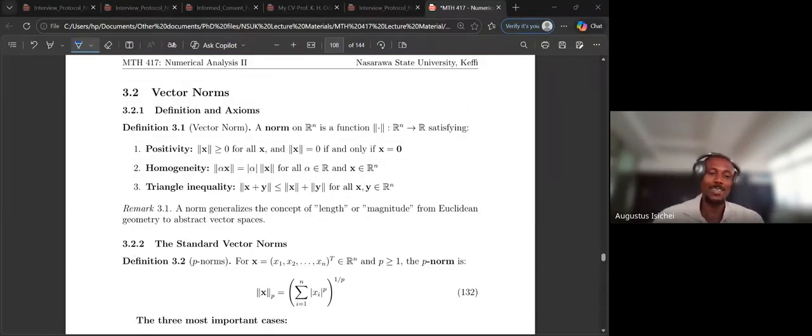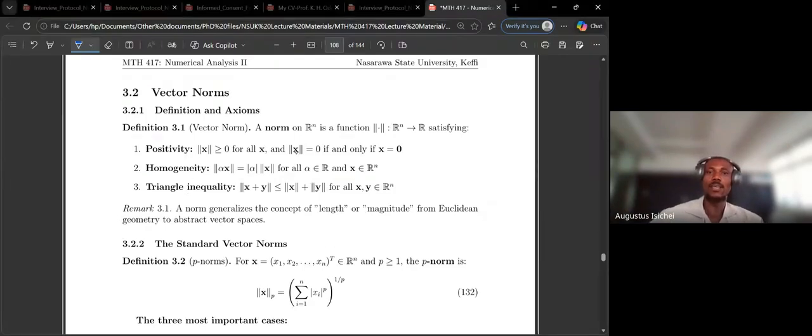I'll just continue anyways. So the vector, please write: vector norms, definition 3.2.1, definition and axioms. A norm on Rn is a function, which is defined as the norm of dots, from Rn to R. So this is just the generic way of defining a norm in Rn.